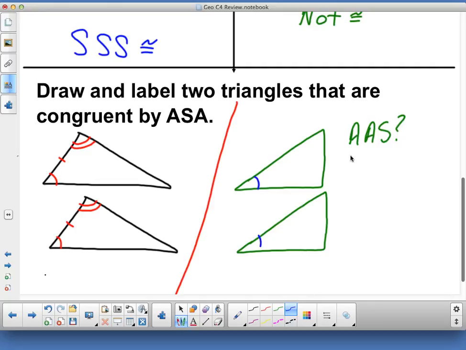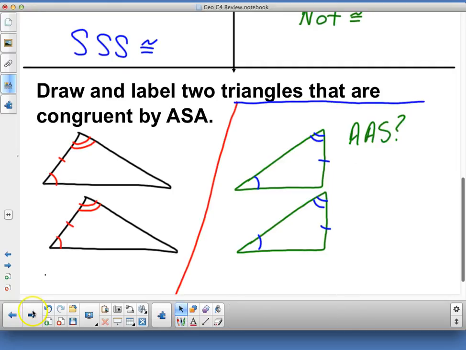Angle would be two angles and a side. Okay? The side is not included between the two angles. All right? And that's the difference between the use of those two. So I want to make sure you knew that and saw that. This is kind of an aside to help you with notes.